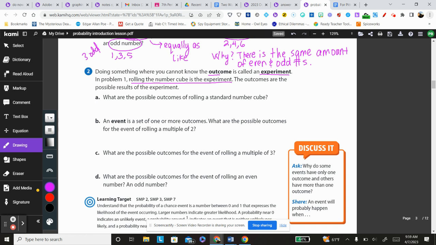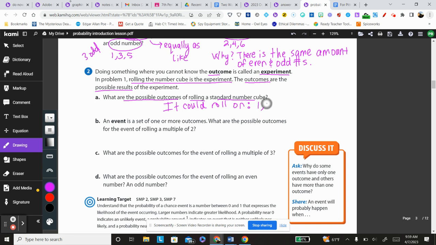The outcomes, underline this, the outcomes are the possible results. What are the outcomes of rolling the die? What are the possible results or outcomes of rolling the die? What could happen? It could land on a 1.